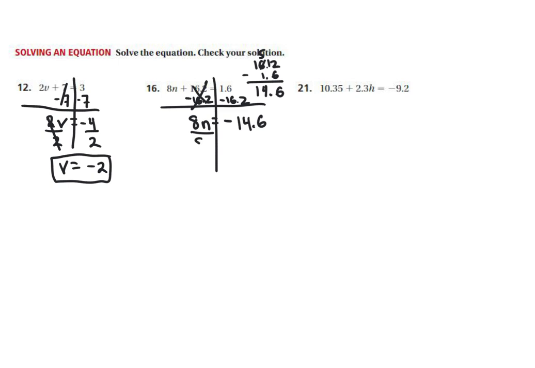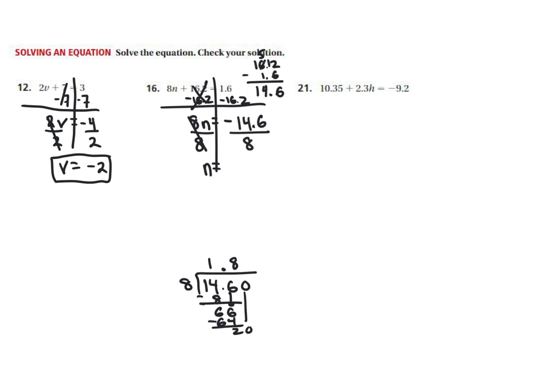And now we have to get the n by itself, isolate the variable. So n is left on the left side. And we have 14.6 divided by 8. 8 goes into 14 once. 8 goes into 66, 8 times. 8 times 8 is 64.